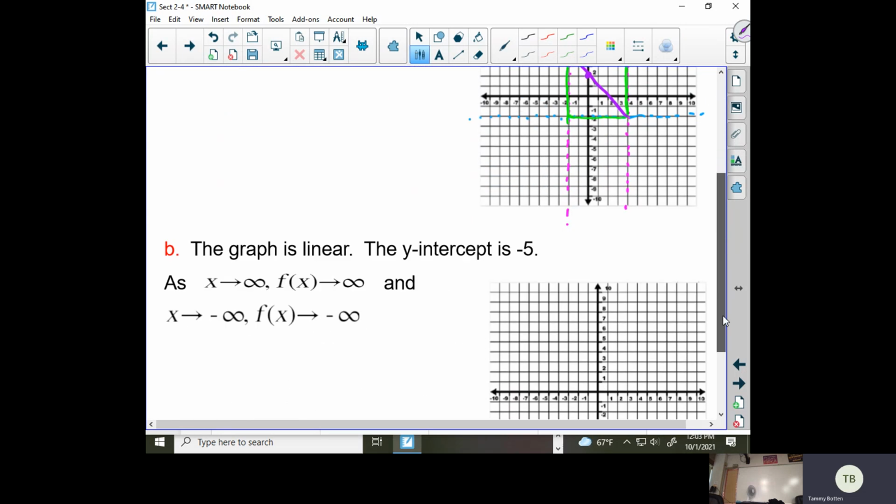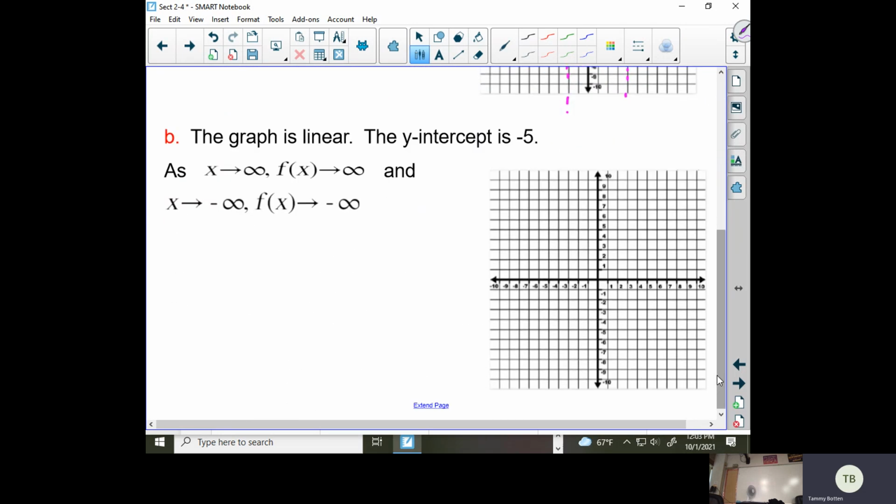Okay. So now let's look at this one. We have another linear graph, and it says the y-intercept is -5. So you're going to go on the y-axis and go to -5. And then it says, as x approaches infinity, our f of x approaches infinity.